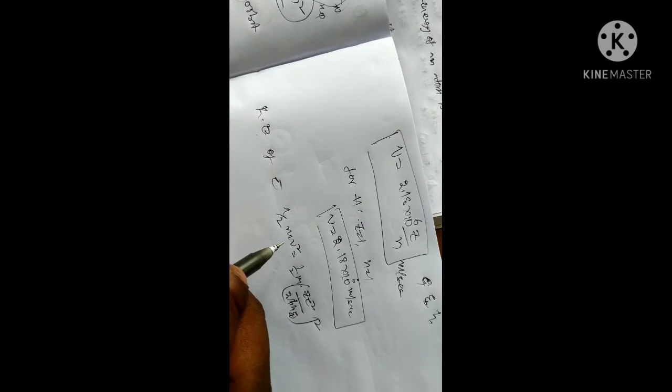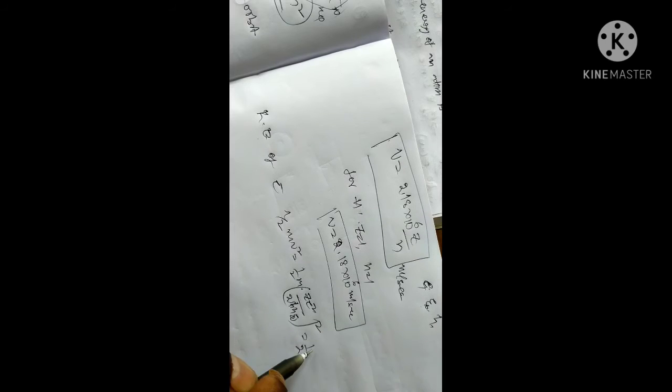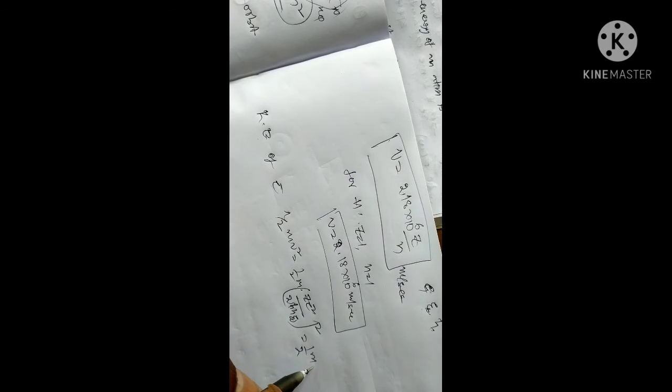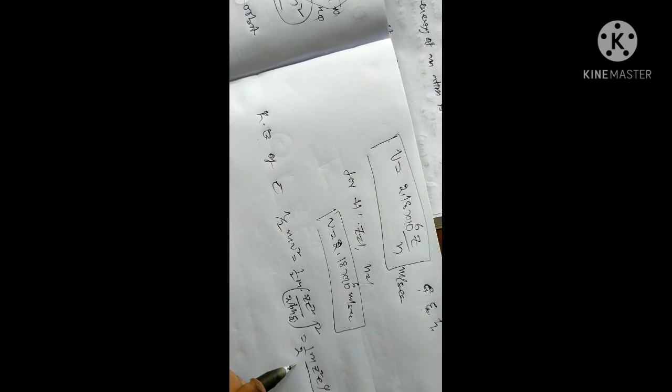This is v square. Okay, that is 1 by 2 m into z square e to the power of 4 divided by 4 h square n square epsilon naught square.